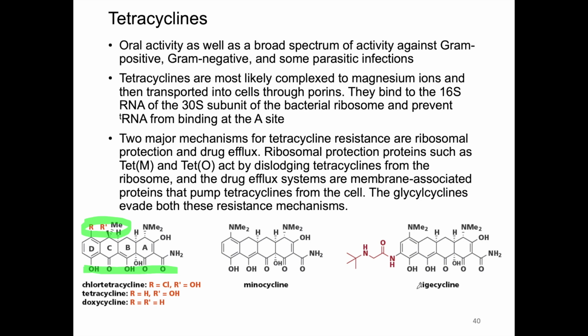And tigecycline is an example of a glycylcycline, which is a much more recent semi-synthetic derivative that's been discovered, where this additional functionality shown in red extends how they bind to the ribosome, and also they bind in such a way that they stop some previously drug-resistant forms of tetracycline. So they're able to bind and shut down bacteria that were otherwise resistant to tetracycline.